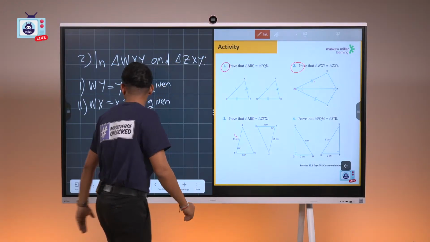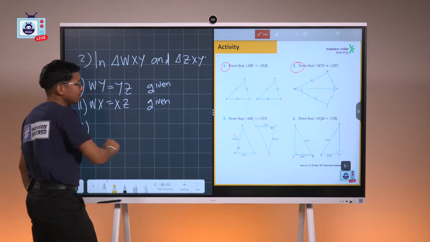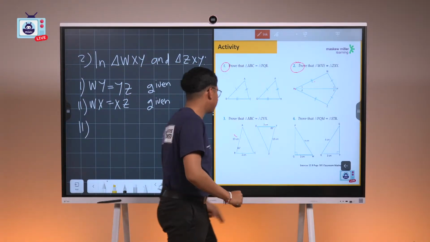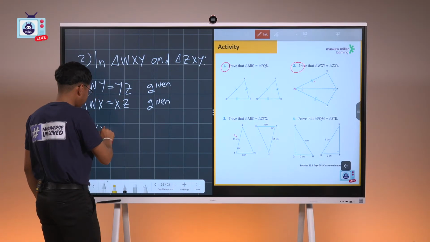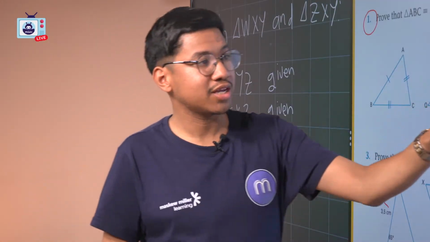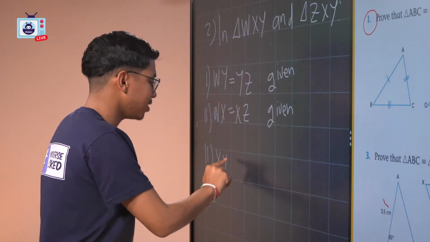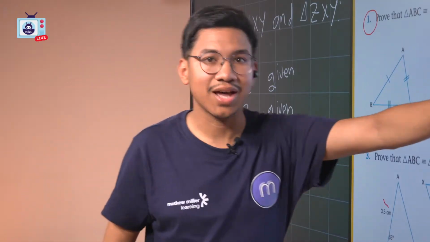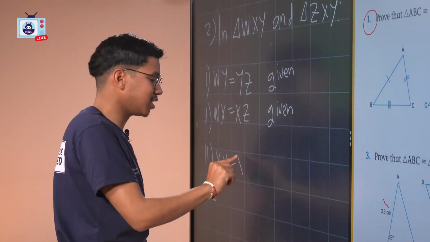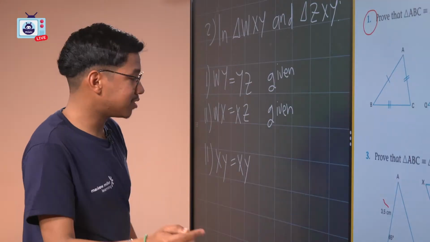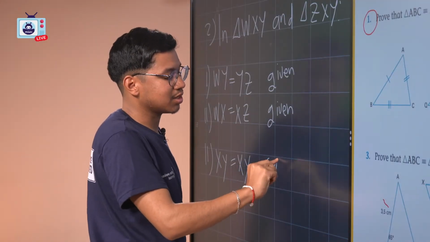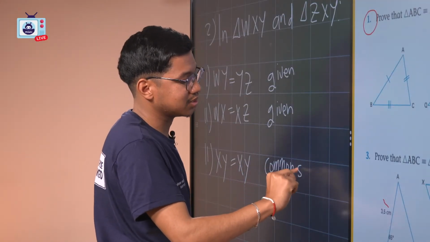So I can therefore conclude that XY is equal to XY, and my reason is that it is the common side.